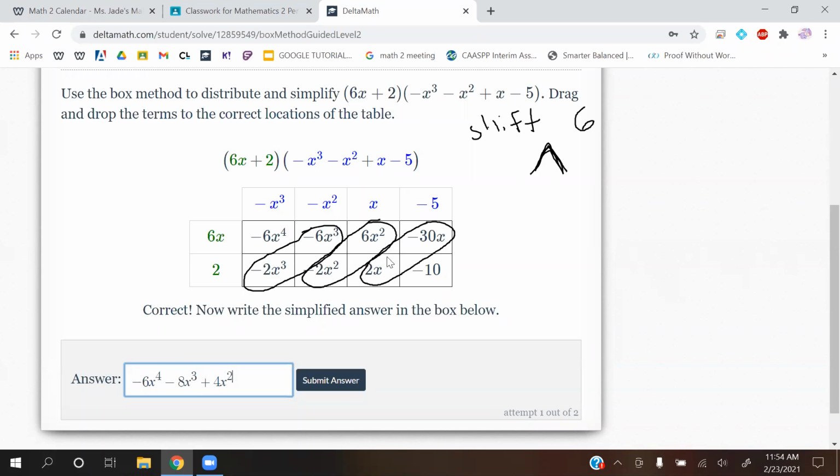And then for this pair, we got negative 30x and a plus 2x, which means we want minus 28x. And then, last but not least, we have a minus 10 at the end.